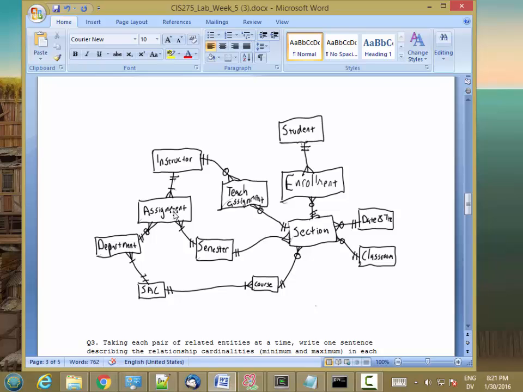Or I can create a separate surrogate key, once again just like I did for instructor, that's going to serve as the primary key for the assignment table. And I think that's a little neater here and a little more consistent with what I'm doing. So I'm going to go ahead and create a surrogate key here called assignment ID, and then it's going to have 3 foreign keys for the 3 relationships that it's on the many side of.